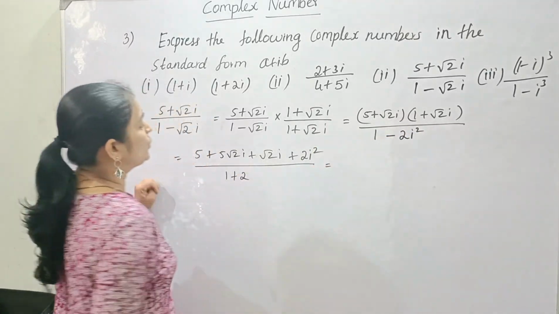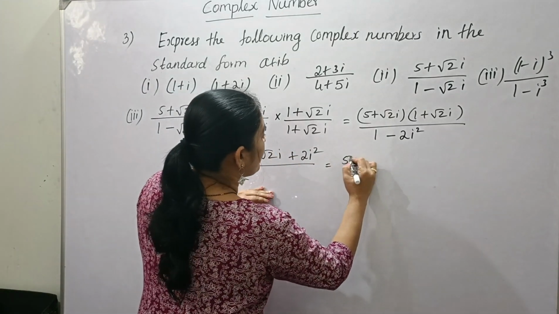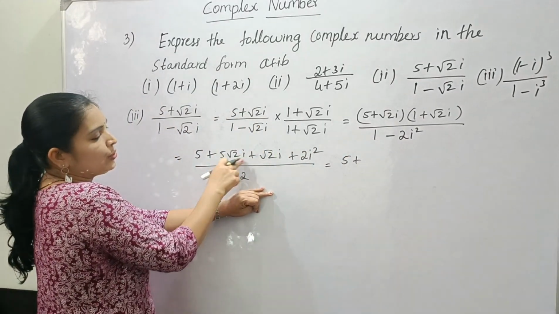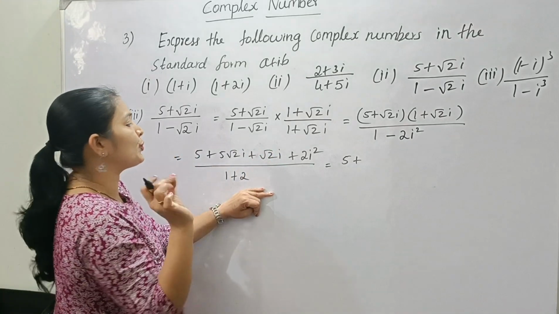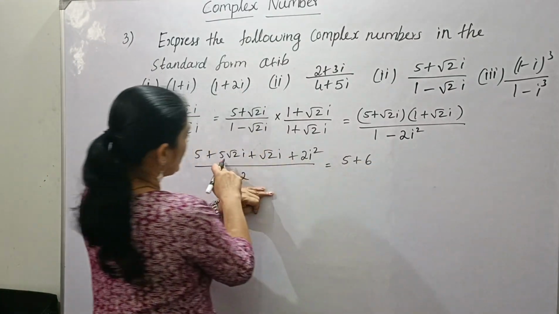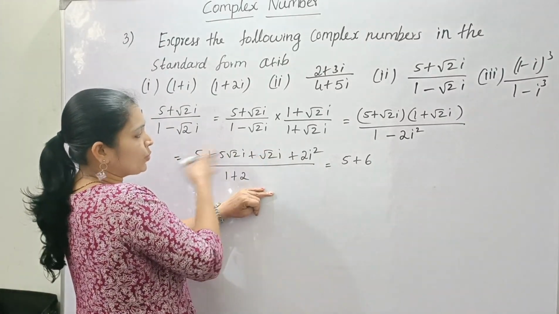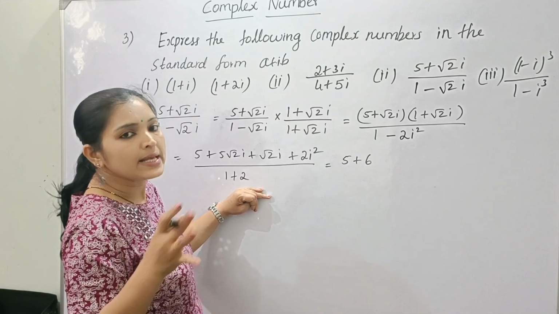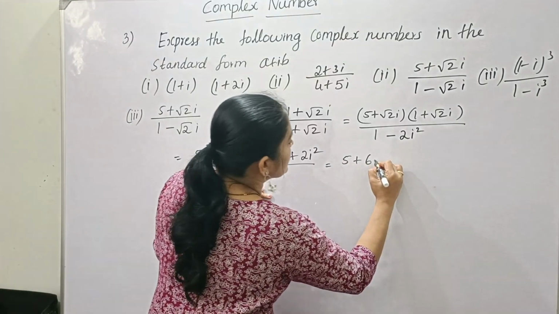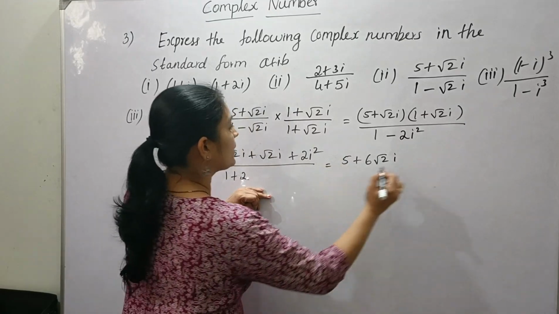That is equal to 5 plus 5√2 i plus √2 i, that is 6√2 i. If you take √2 i outside, you will get √2 i into (5 + 1), that is 6√2 i.